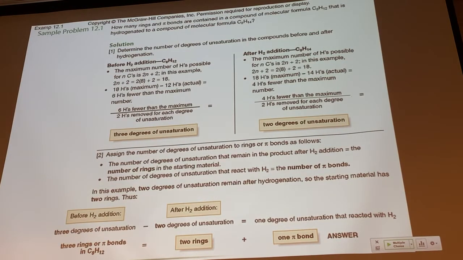And if we reduce that molecule with hydrogen and a metal catalyst, the number of equivalents of hydrogen we end up with is going to tell us how many double bonds there are in that molecule. And since degrees of unsaturation can refer to double bonds or rings, any unsaturation that remains would have to come from rings. So in this case, we lost 1 degree of unsaturation. That tells us that in our unknown compound, we had 1 pi bond, and we must have had 2 rings.